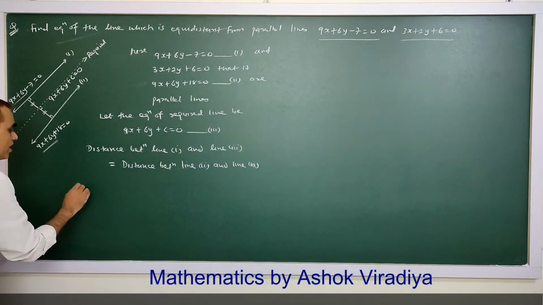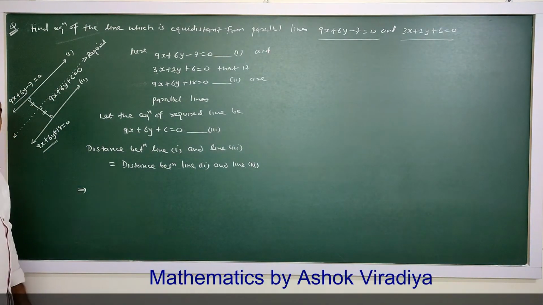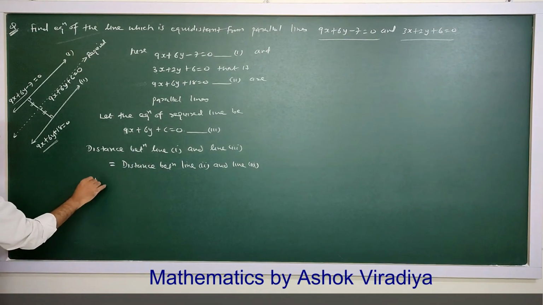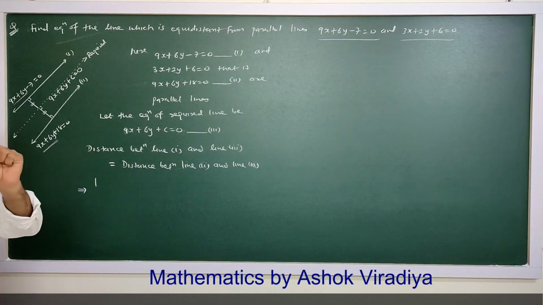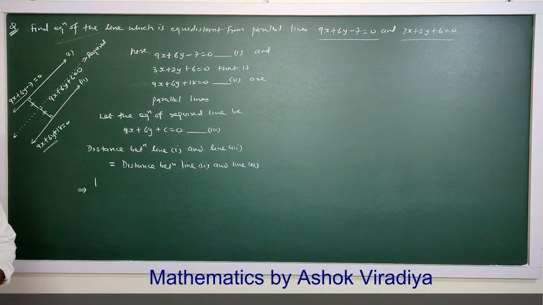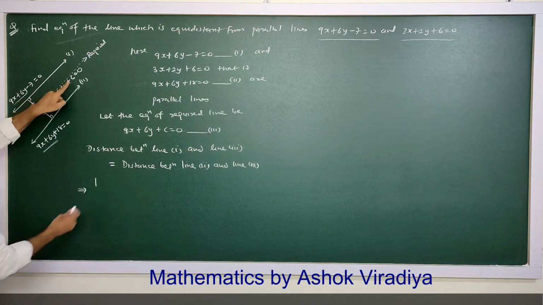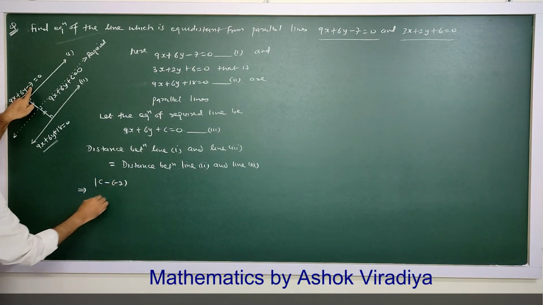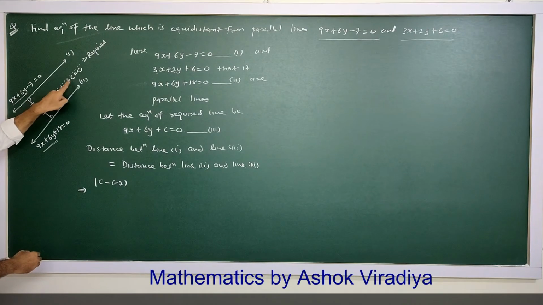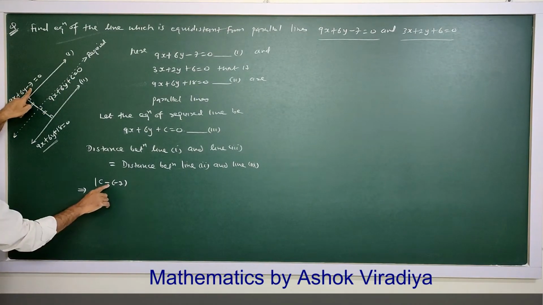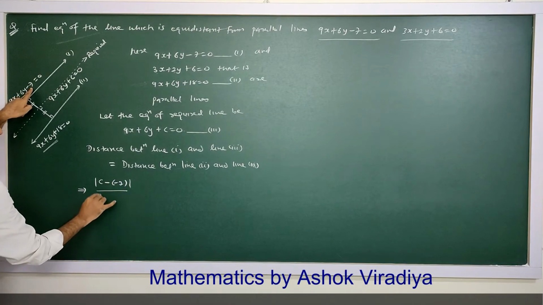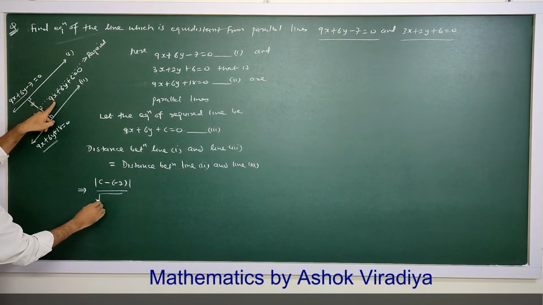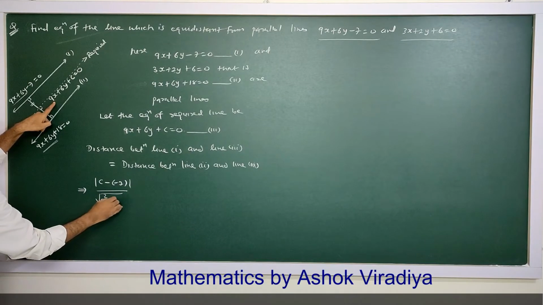So applying the formula for the distance between two parallel lines, which is modulus of C1 minus C2 upon root of A square plus B square. So here C1 minus C2 is c minus minus 7, that is c plus 7, upon square root of A square plus B square.